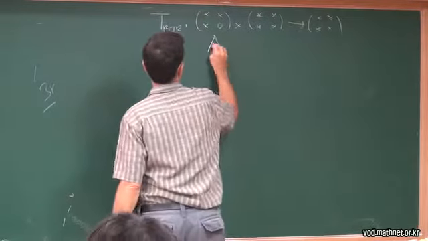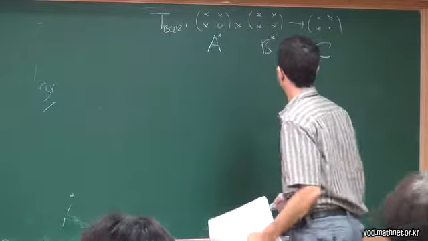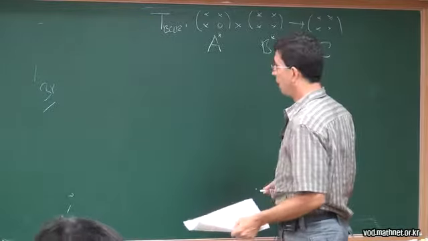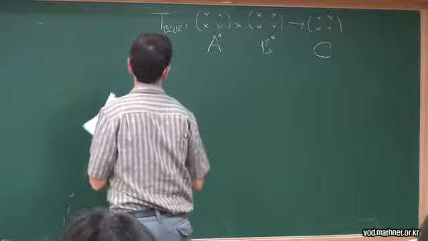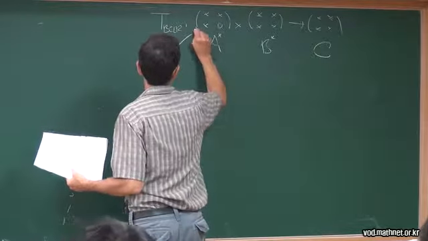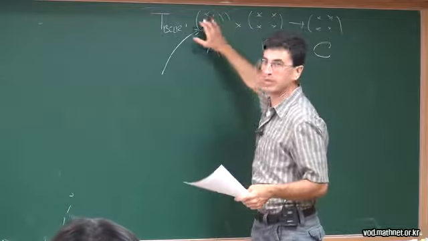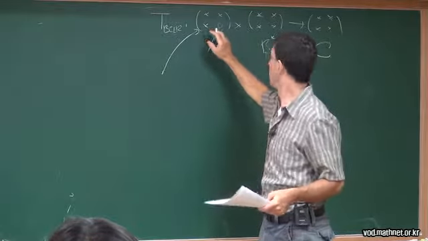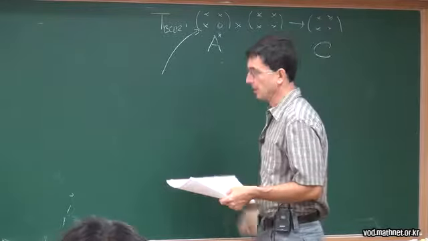So here's my A, well, here's my B, here's my C. My choice here destroys the Segre structure in this space pretty much. But not in this space and not in this space.